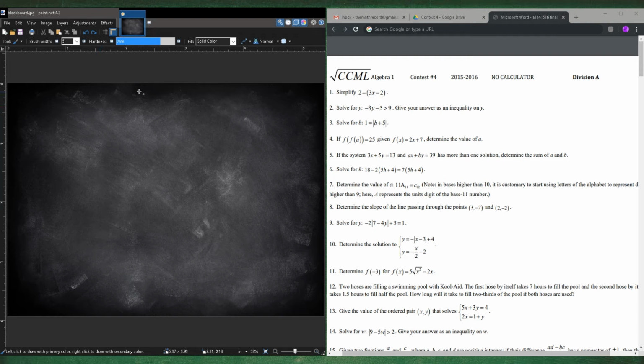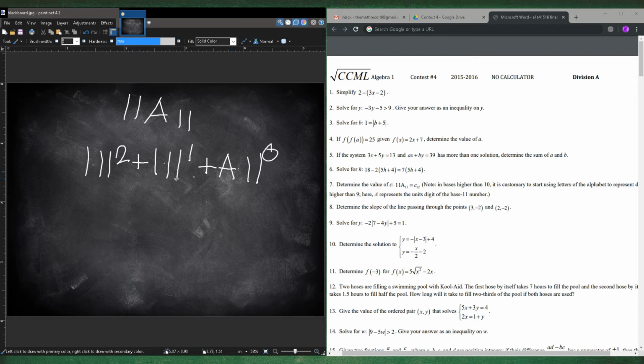So you have 11a in base 11, so it will be 1 times 11 squared, and then you add 1 from the tens digit times 11 to the power 1, plus a times 11 to the power 0. So that's basically how this works.